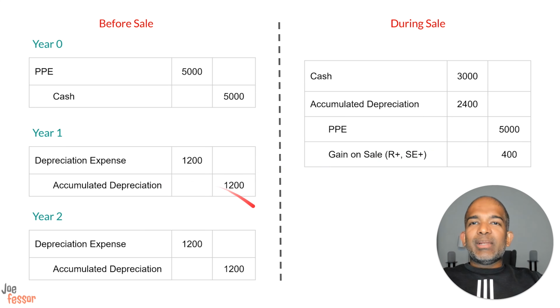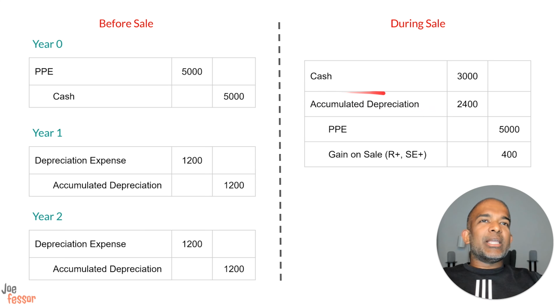Accumulated depreciation. So far I had credited this account by $2,400. Now I'm going to debit this accumulated depreciation account by $2,400 to reverse all the depreciation that has been accumulated so far.